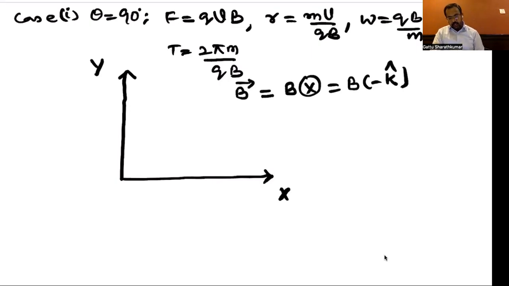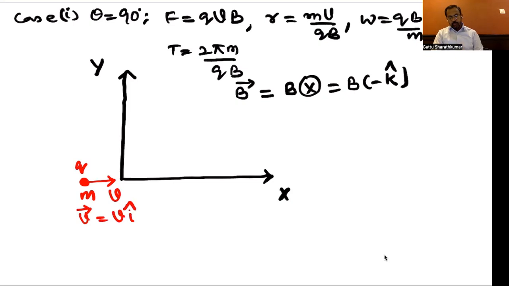Now, a charged particle of charge q and mass m is shot from here with a velocity v. So the velocity vector is v i cap.